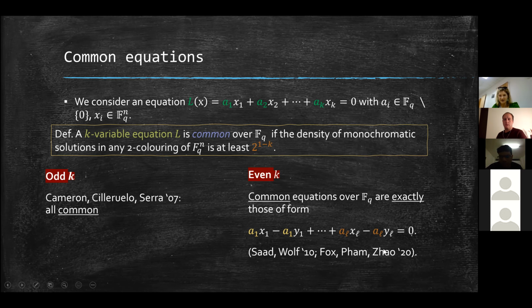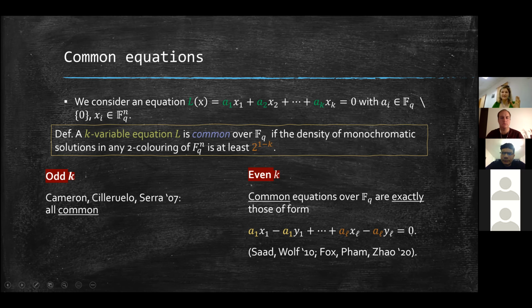That's a very interesting direction because you need to find a coloring for any equation. And Pham and Zhao actually do it with a randomized coloring. So they come up with colorings based on Fourier coefficients. And I'm going to show this construction later in the talk. Okay, so that's now a full characterization of equations.